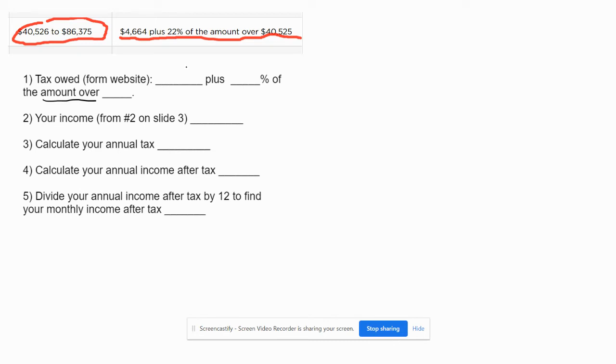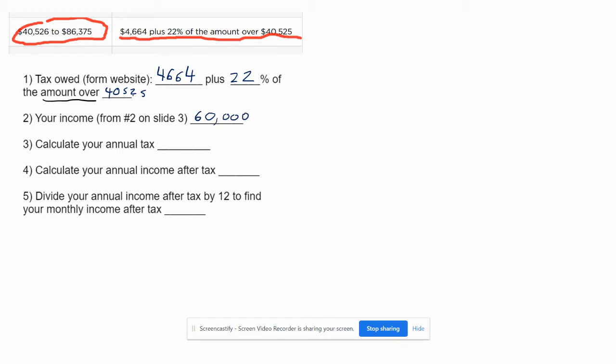I'm going to start filling in those numbers from the website: 4,664, 22%, 40,525. And my income that I chose for the project was 60,000.